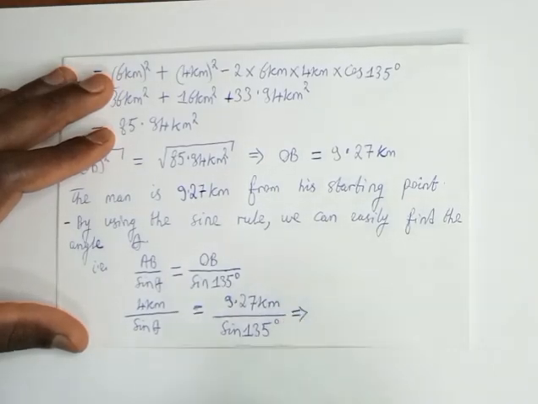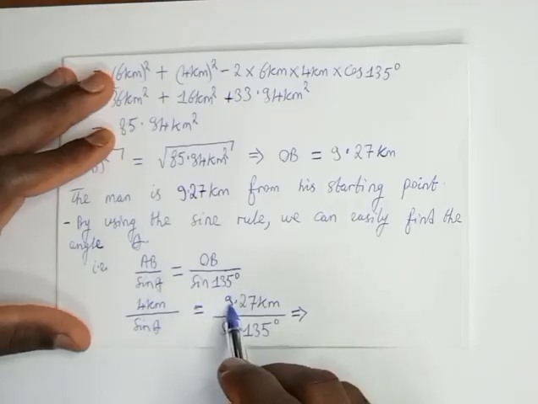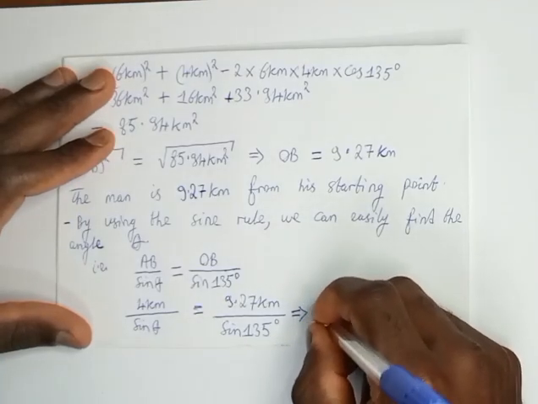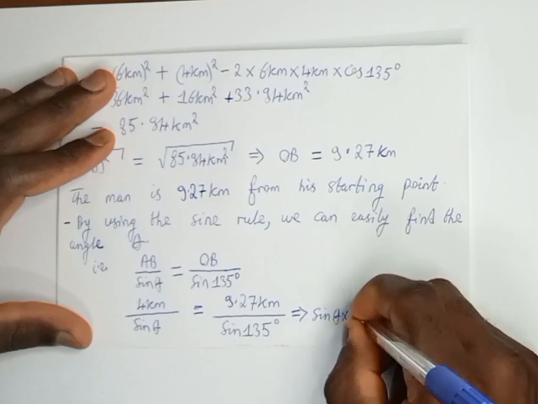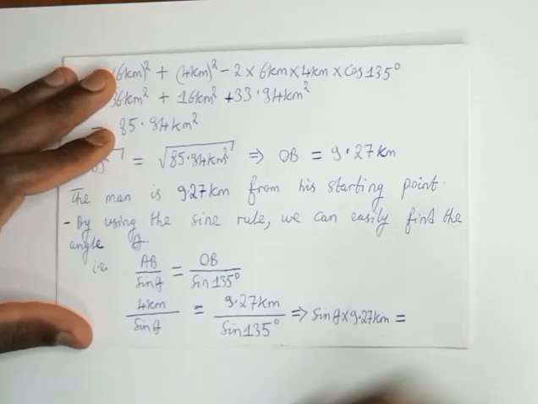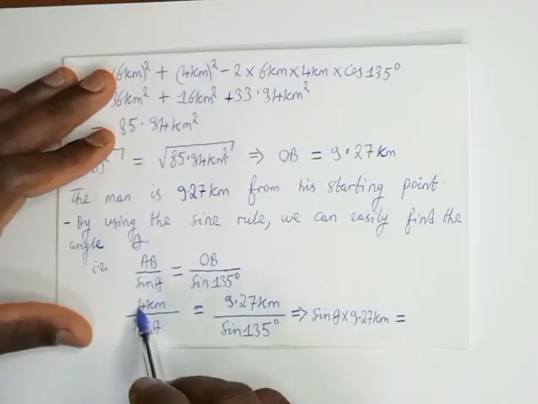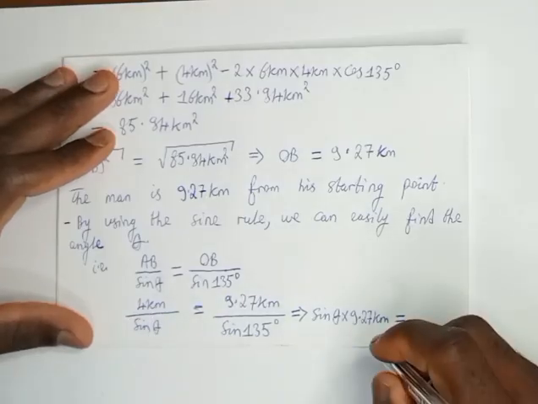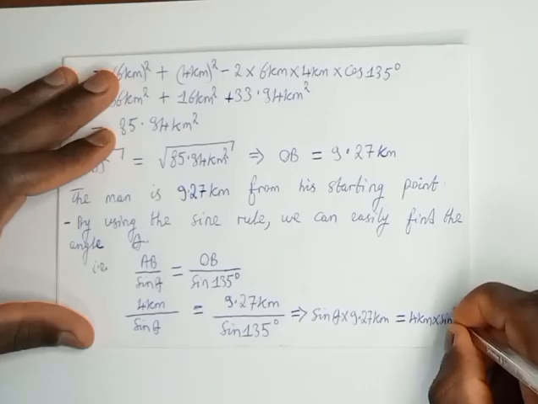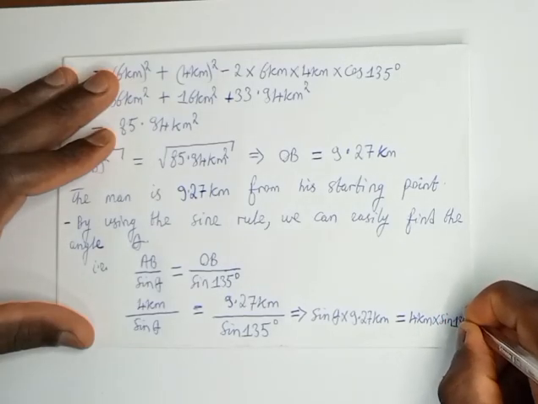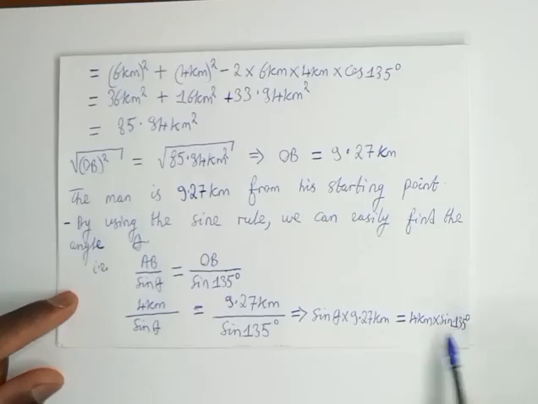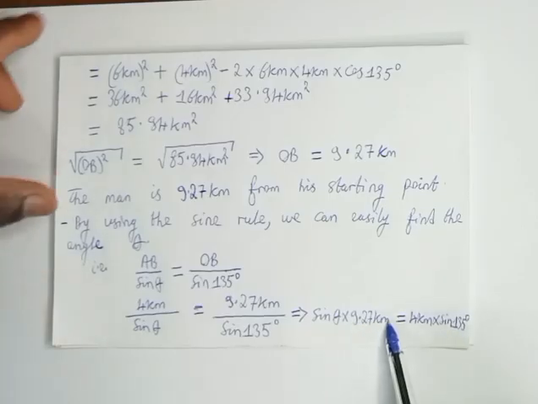Then sine theta times 9.27 kilometers is equal to 4 kilometers times the sine of 135 degrees. Next, we are going to divide both sides by 9.27 kilometers.